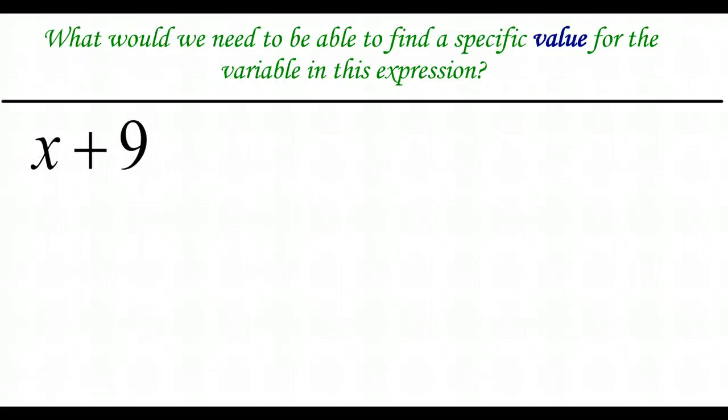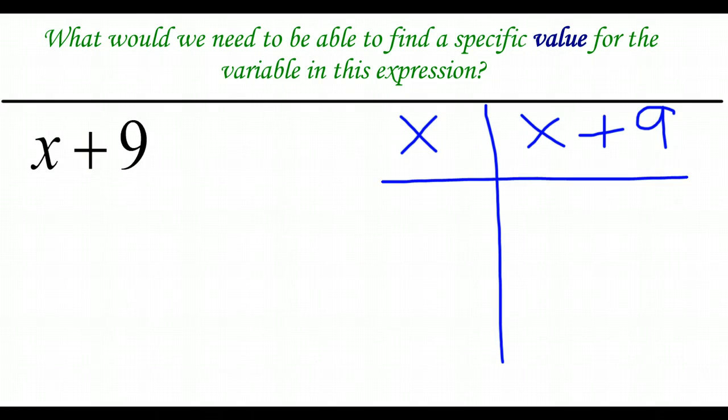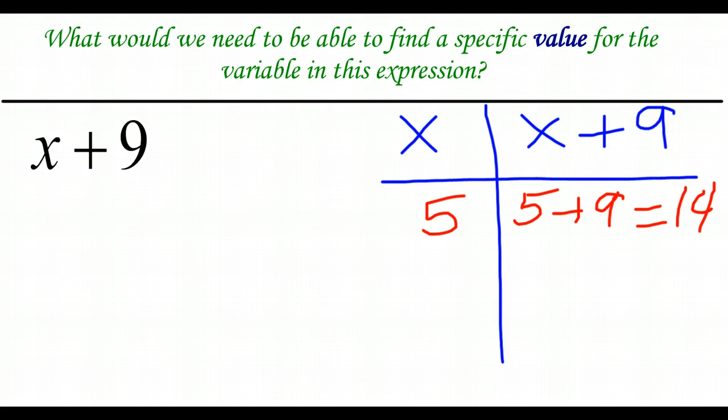We can say that x, let's create a chart here, x is 5. Then when we substitute that into the variable expression, we get 5 plus 9 and get that answer to be 14.